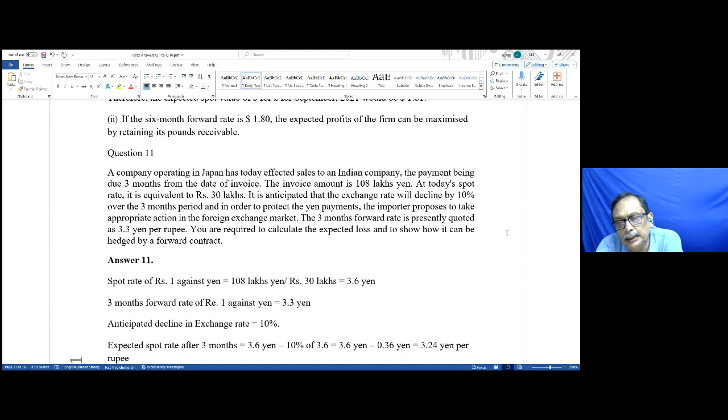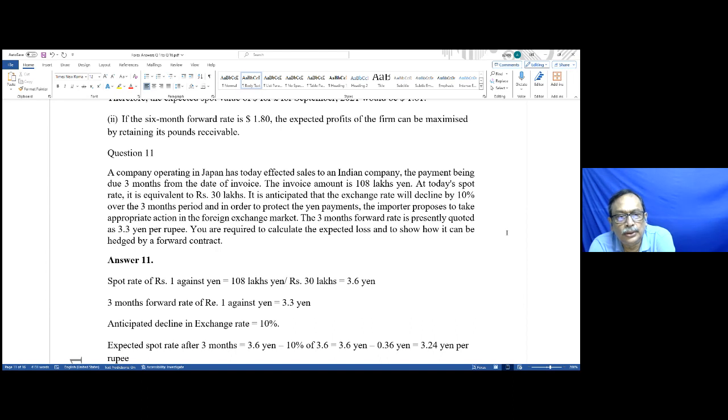It is anticipated that the exchange rate will decline by 10% over the 3 months period, and in order to protect the yen payments, the importer proposes to take appropriate action in the foreign exchange market. The 3 months forward rate is presently quoted as 3.3 yen per rupee. You are required to calculate the expected loss and to show how it can be hedged by a forward contract.